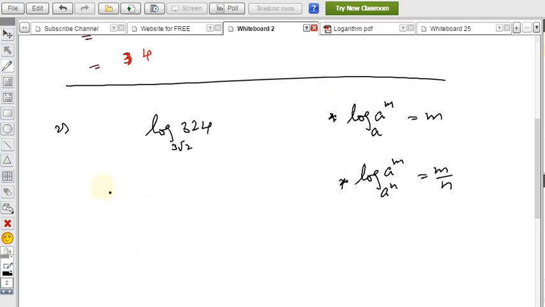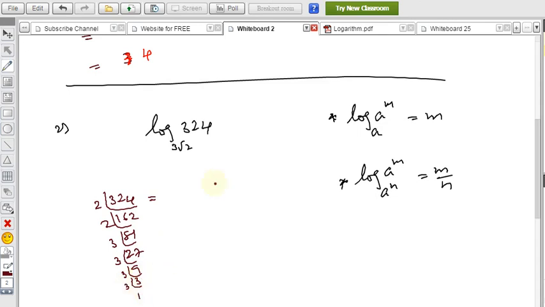So 324, how can you write it? We do prime factorization. 2 twos are 4, 2 ones are 2, 162, 81, and 3 twenty-sevens, 3 nines, 3 threes.